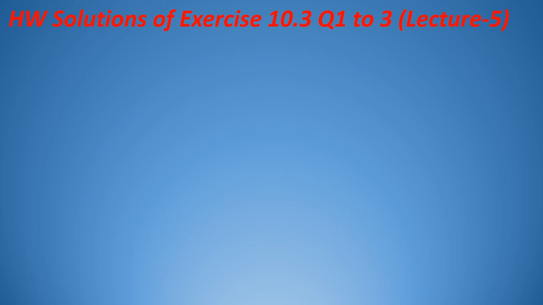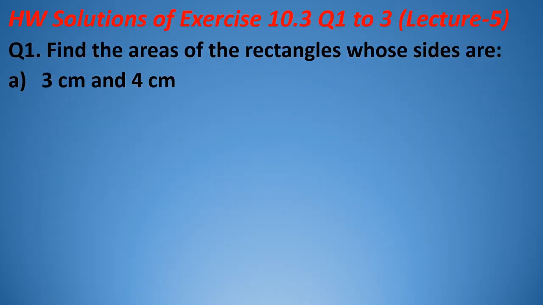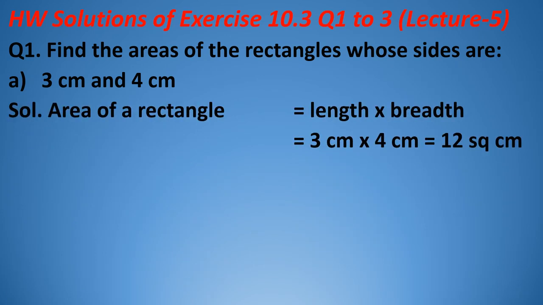Question number 1 was, find the area of the rectangles whose sides are A 3 centimeter and 4 centimeter. Area of a rectangle equal to length multiplied by breadth, 3 centimeter multiplied by 4 centimeter, which is equal to 12 square centimeter.